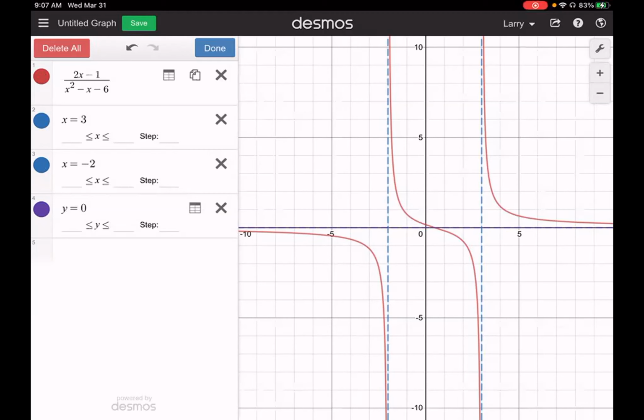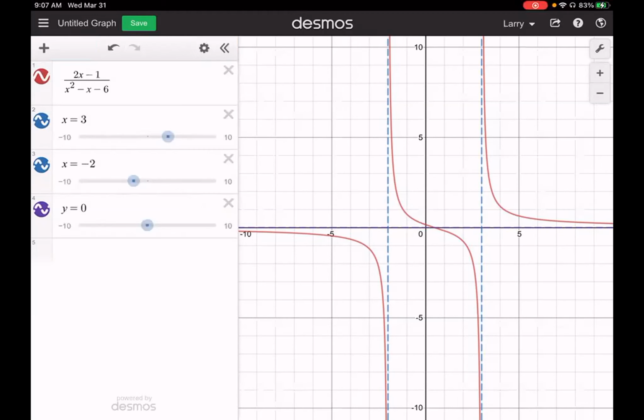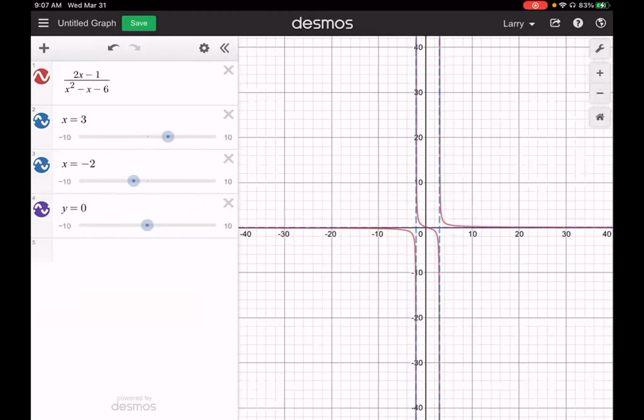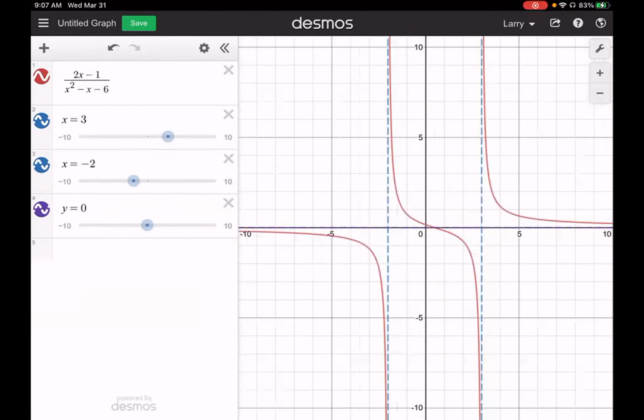So that's what we mean with our asymptotes. As I zoom out, it might do some strange or funky behavior in other areas, but for the most part, it just wants to be along the asymptotes.